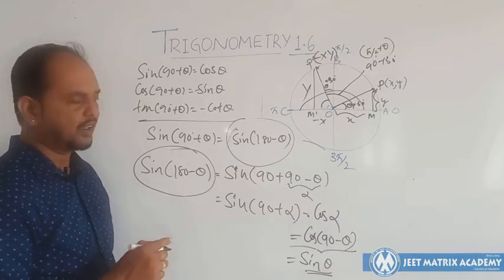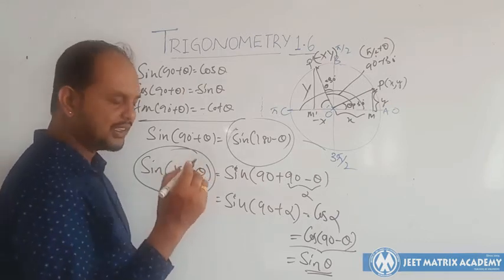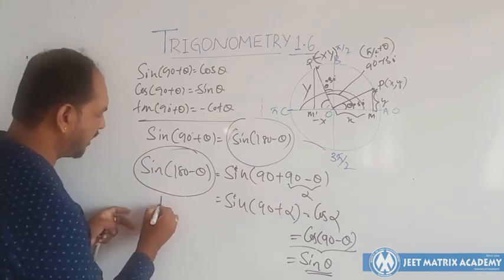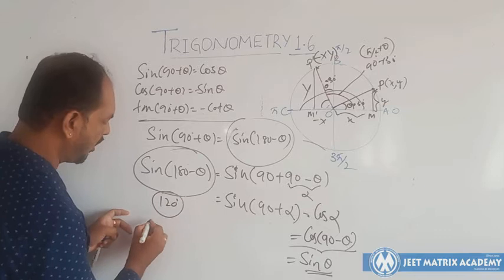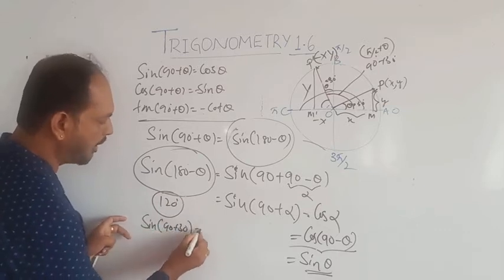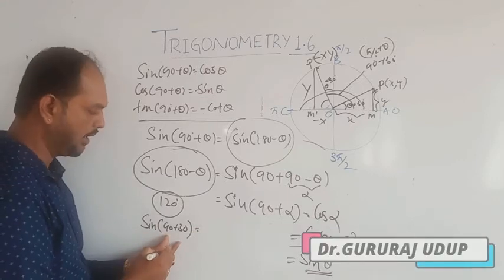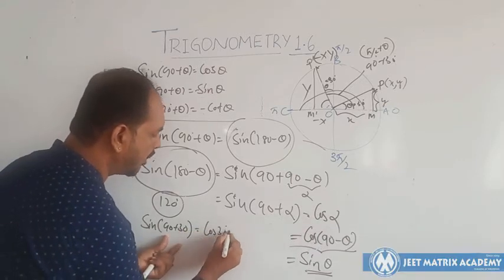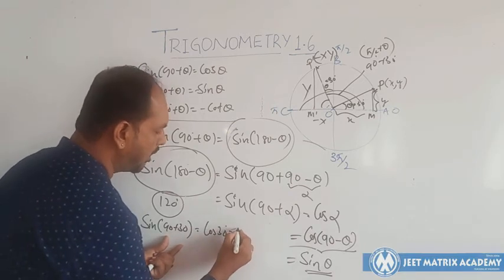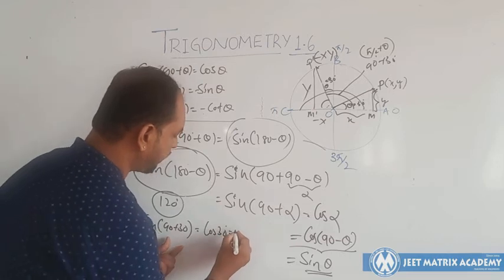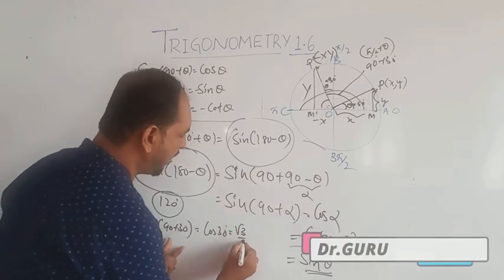Okay, so now consider one simple example. I'll say 120 degrees. How do I say it? sin(90 + 30), am I right? What is sin(90 + 30)? It is cos 30. What is cos 30? Cos 30 will be root 3 by 2, am I right?